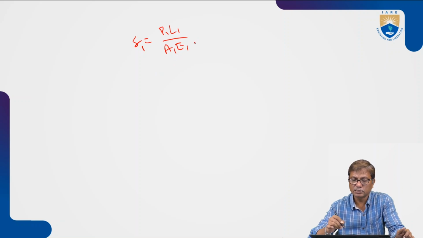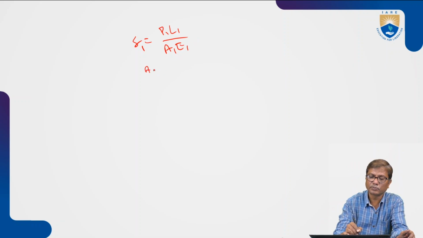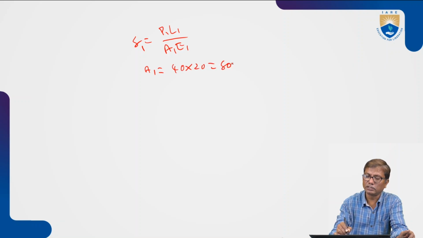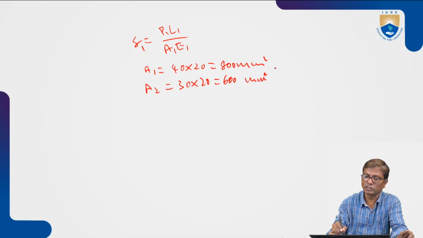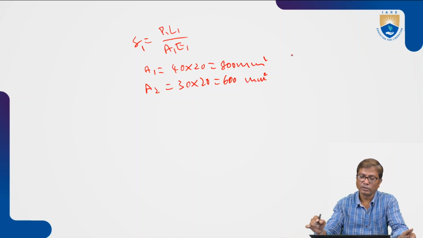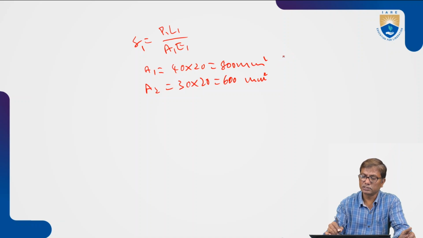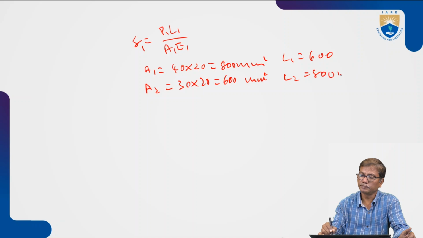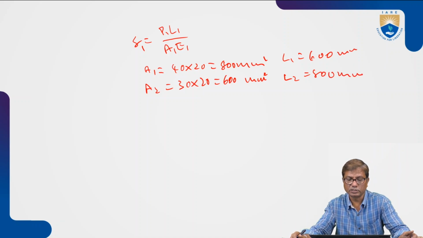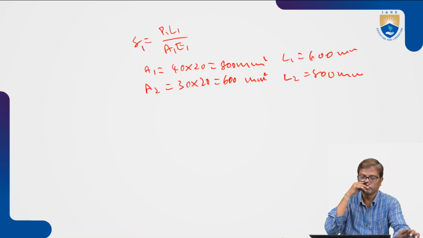So A1 means area of portion 1, which is 40 into 20, 800 mm square, and A2 is 30 into 20, 600 mm square, and L1 L2 are given as 600 and 800 mm.